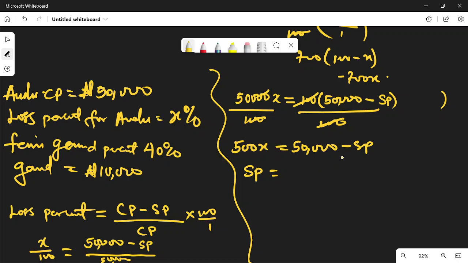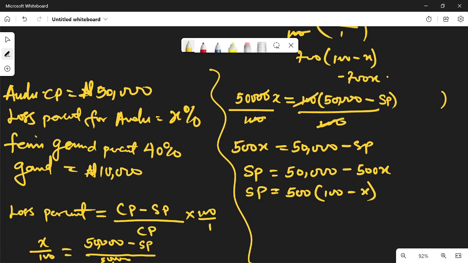The article is now going to be 500x minus, it's going to be 50,000 minus 500x. Do you understand that now? So taking this, 500 is common here, so if I factorize it out, I'll have what? 100 minus x. So that's the selling price.